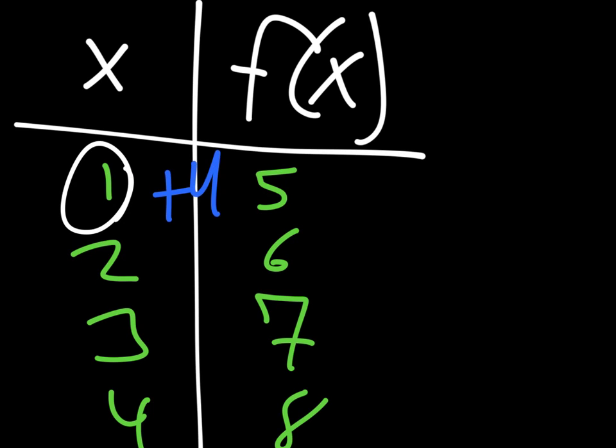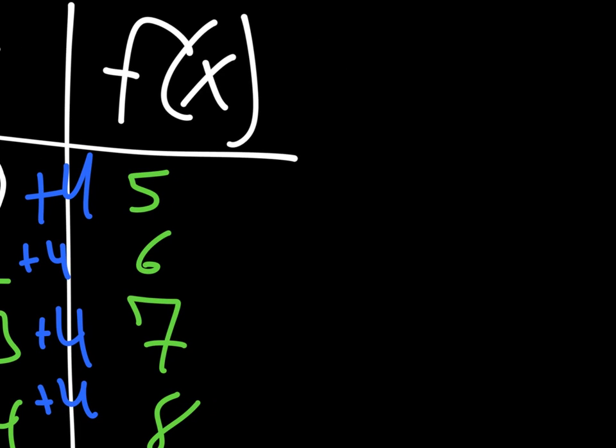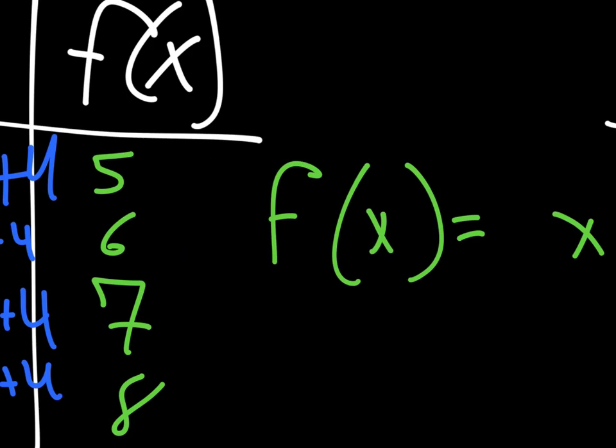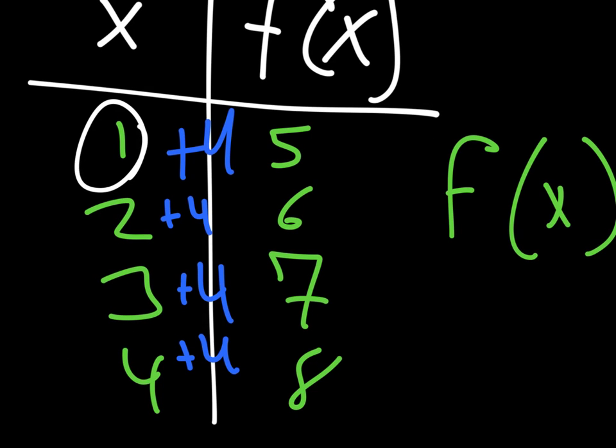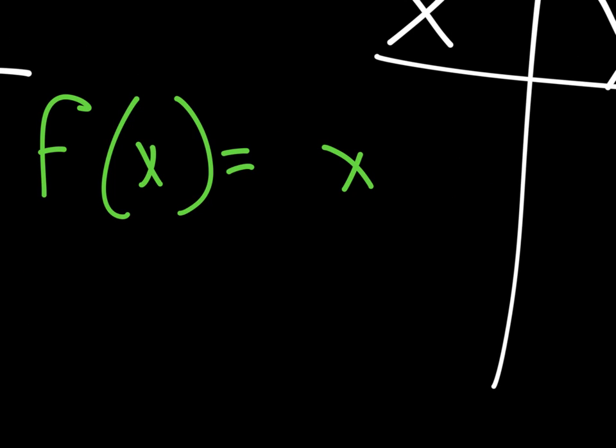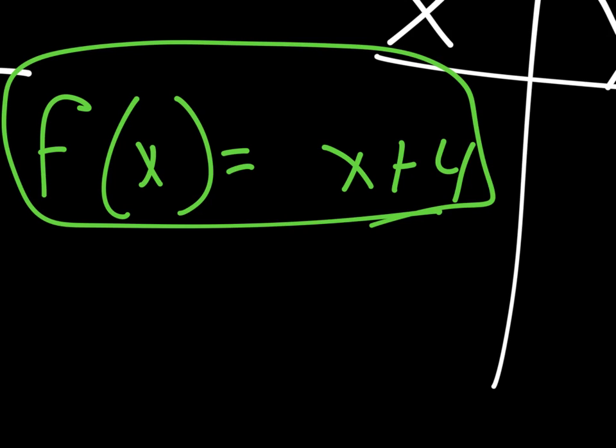So you added 4 and you got 5. You added 4, you got 6. You added 4, you got 7. You added 4, you got 8, okay? So what we're going to do is rewrite it in an equation. So now we have our f of x and we have an x, okay? So f of x equals x, what? Plus 4, right? So f of x equals x plus 4. That is our function rule. Quite easy, right?